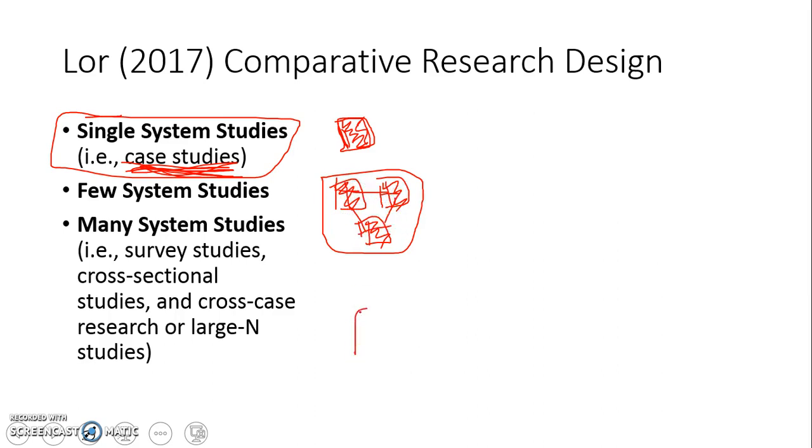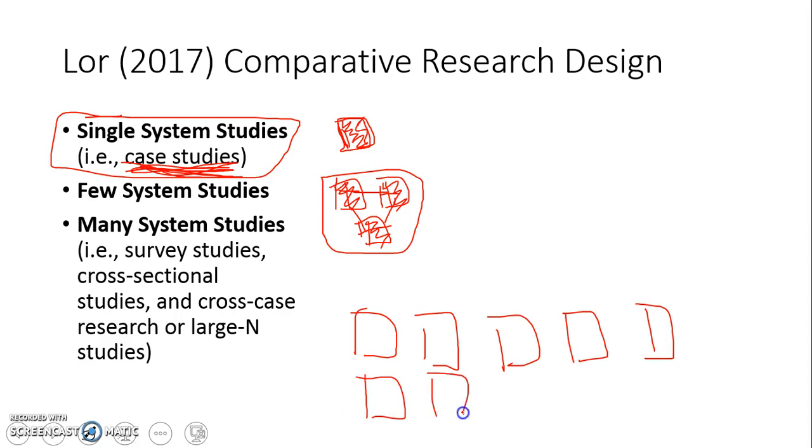But then we have the many systems approach, and this is when it gets unreservedly quantitative. This is when you have many systems or many studies going on across different systems at the same time.